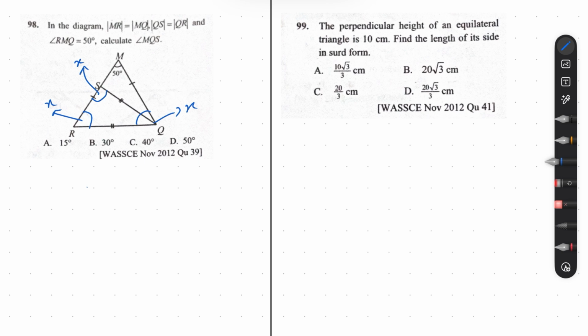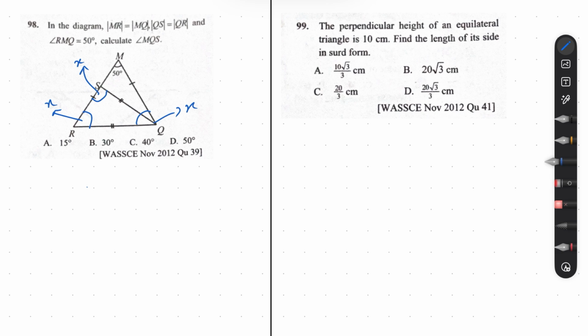Okay, cool. Now, how do you find the value of x? We've been given this angle here to be 50. So when we add this angle and this angle, we should get 180, because it is a triangle. The sum of the interior angles of a triangle add up to 180.